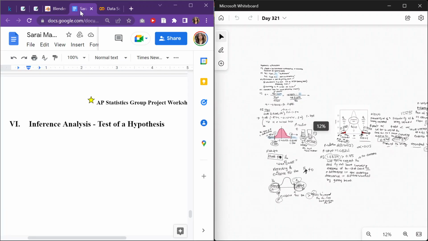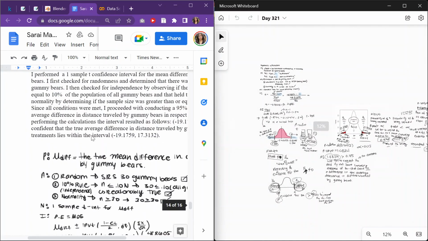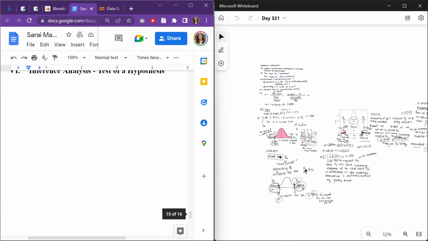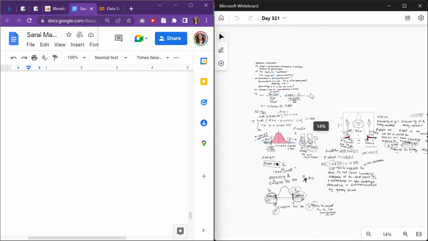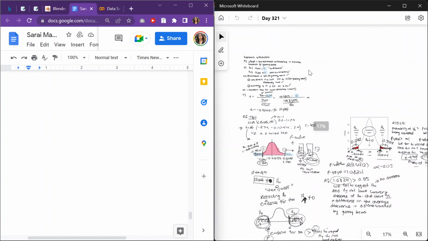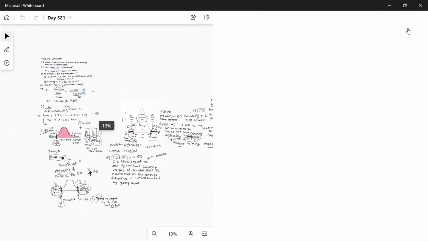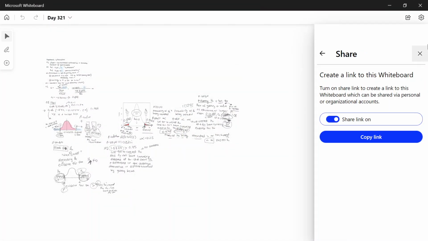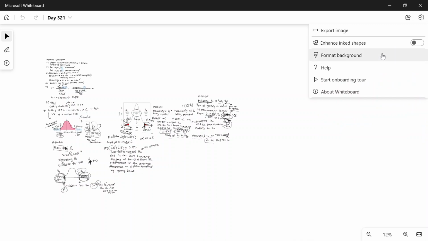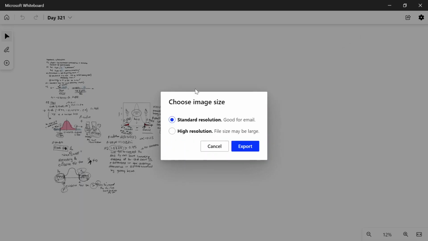And so today I'll just be setting it up in my doc like I did for the confidence interval that I did on, I don't even know what day. Maybe I'll take a screenshot. If I go here, whoops, no. Export image.